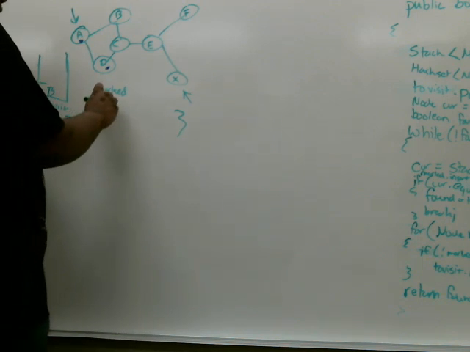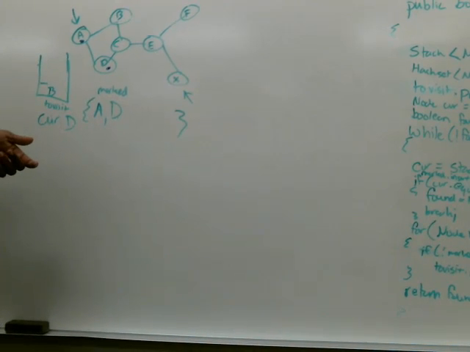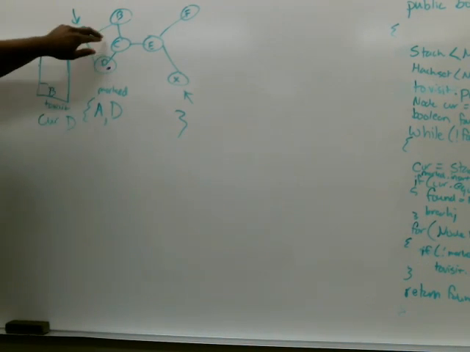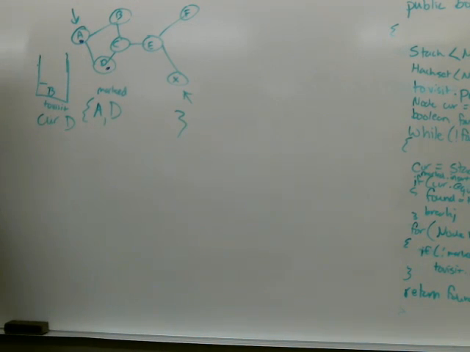This is not the element we're looking for. So now we get neighbors, A and C. Notice that A has already been marked, so that does not get added to the stack. We add C, so now C is on top of the stack.